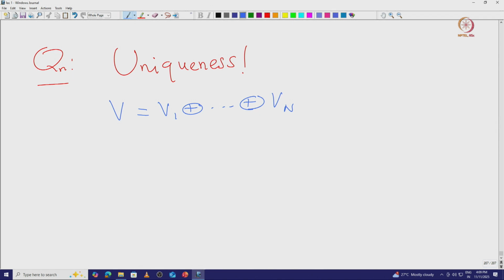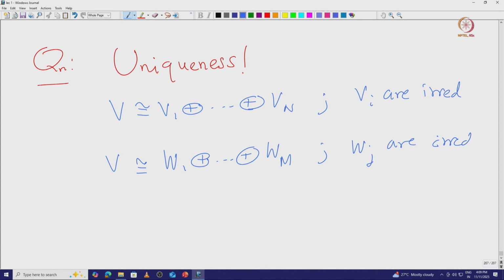Of course, one talks about everything up to isomorphism. Suppose you decompose V into a direct sum of these Vi's, where all the Vi's are irreducible, and then you decompose V into a direct sum of some other irreducible representations.